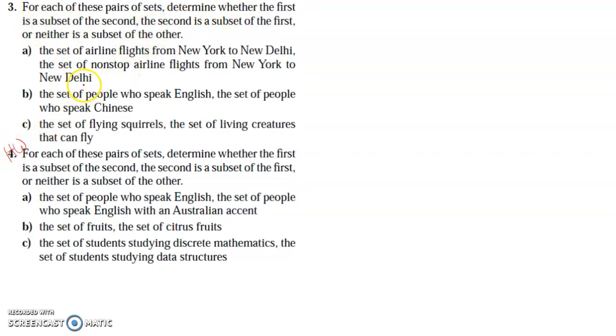We're given 2 sets. The first is the set of airline flights from New York to New Delhi, which I'm going to call set A. We can say this is the first set since it's given in the problem. And the set of non-stop airline flights from New York to New Delhi is of course our second set.